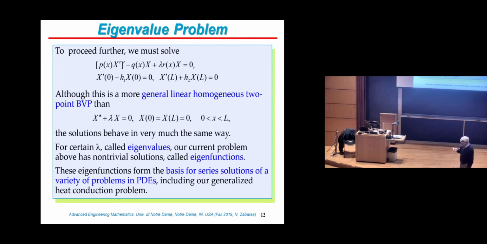So remember, when you solve Ax equal lambda x like an eigenvalue problem, for a given size of A, you get a finite number of eigenvalues and eigenvectors. Here you get an infinite number of eigenvalues and an infinite number of eigenfunctions. Okay? An infinite number.